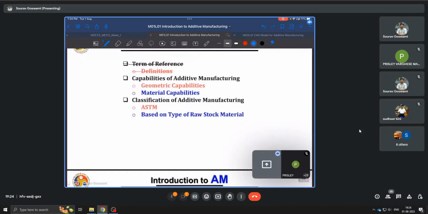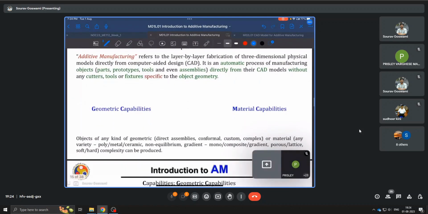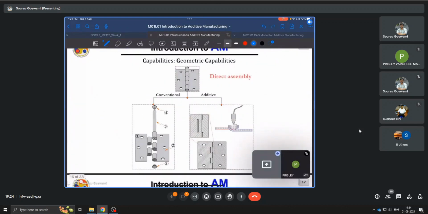Now we'll quickly go over some of the capabilities of AM. They are divided into geometric capabilities and material capabilities. Here we have a hinge assembly. Now to the left, you see what may be actually produced via a conventional manufacturing method. So you have these number of parts, at least 5 mentioned here.